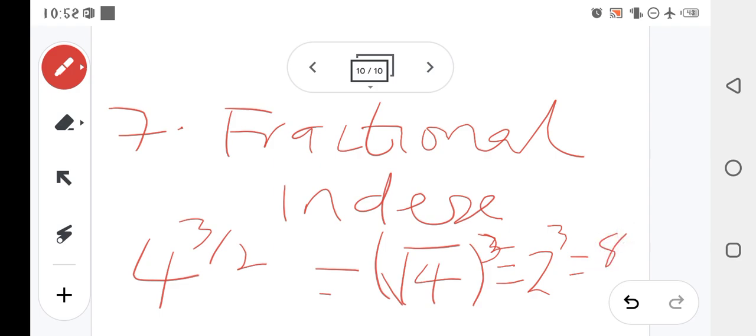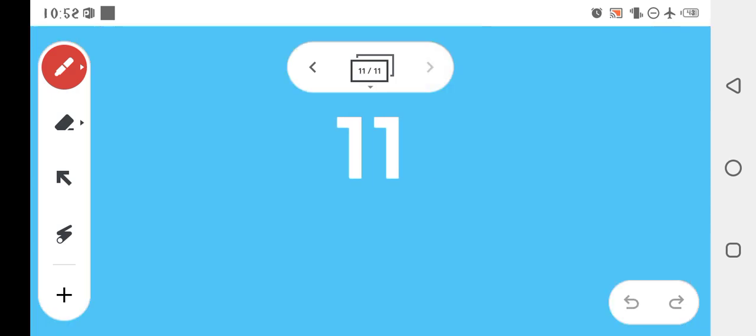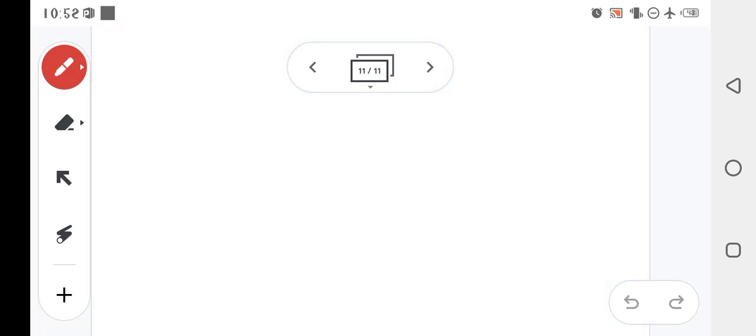Or, for instance, you have, let's say, 8 raised to the power of 2 over 3. So what this simply means is that what you are considering in fractional index is the fraction.